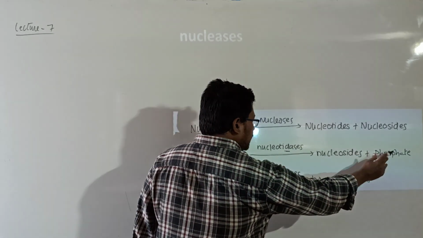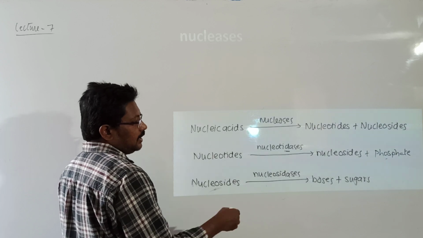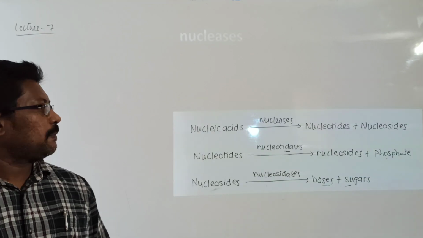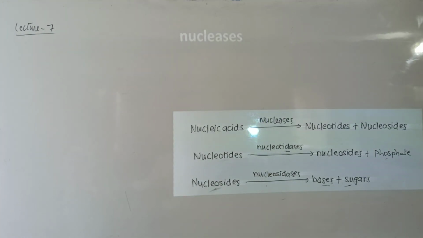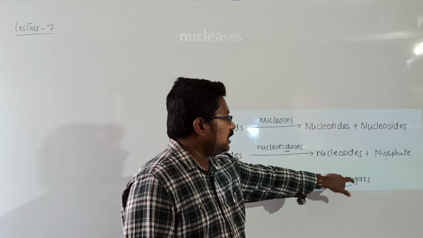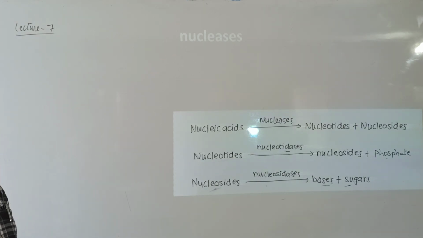Once the phosphates are released, nucleosides are acted on by nucleosidases and finally release nitrogen bases and sugars. This is how the digestion of nucleic acids takes place, and finally the simple substances, the nitrogen bases, sugars and phosphates are released, and they will be absorbed into the blood and carried to every cell.